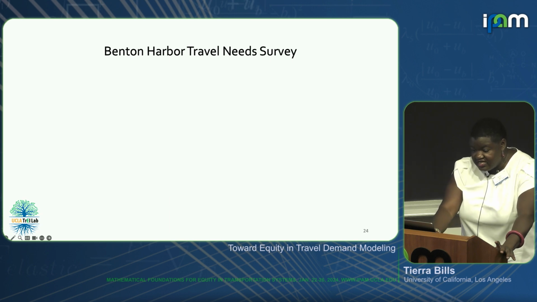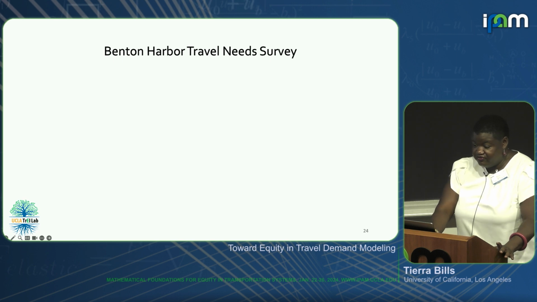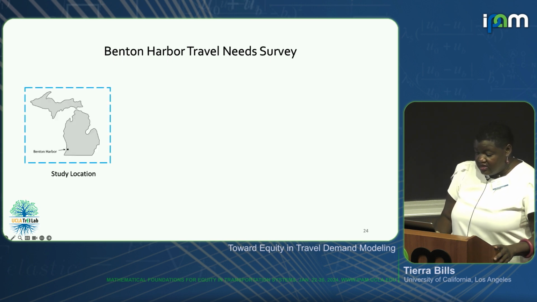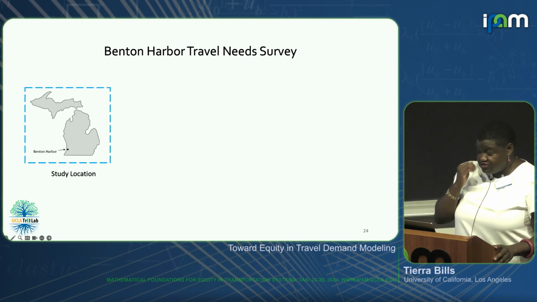So in this next example, I'll talk about a study trying to understand travel behavior and needs in the city of Benton Harbor, Michigan, which is a small city on the western coast of Michigan.